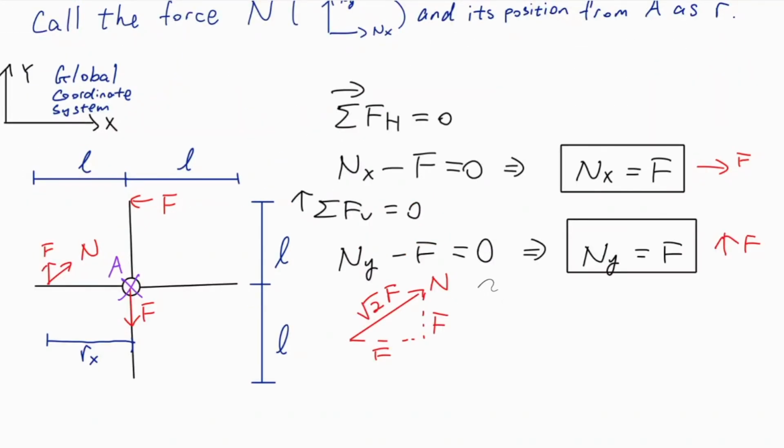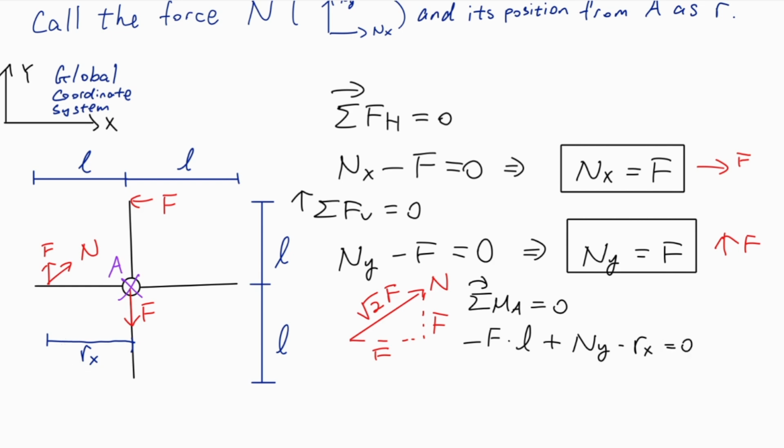Finally, we have to do a sum of moments to determine the direction. So I will choose point A as my sum of moments point, and I will choose clockwise as the direction arbitrarily. I know that F is the only one that generates a moment on point A, since this F points into A. This is the only one that generates a moment, and this will generate a moment in the counterclockwise direction. So it's negative F times L plus Ny times Rx is equal to 0.